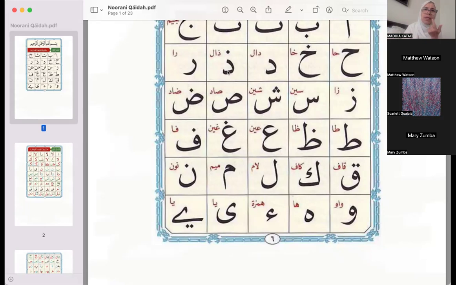It's a little tiny different. When you say Tha, it's a sound like THE, the pencil. But when you say this letter, it's not in the English language. It's heavy also.